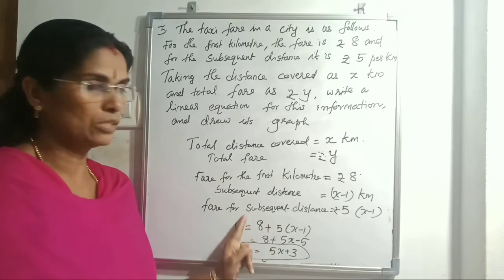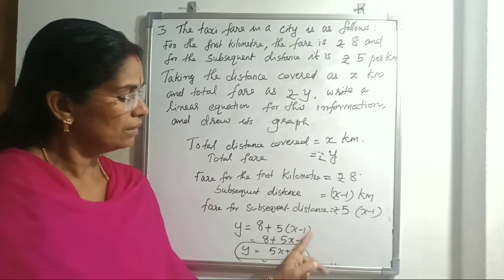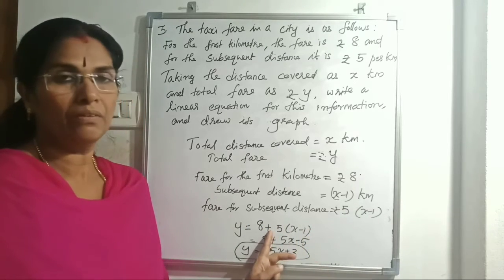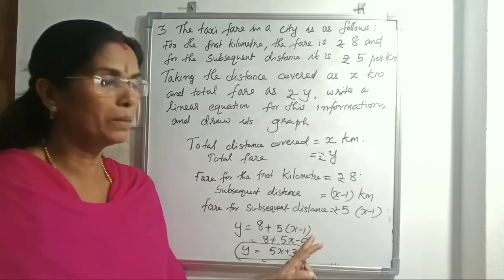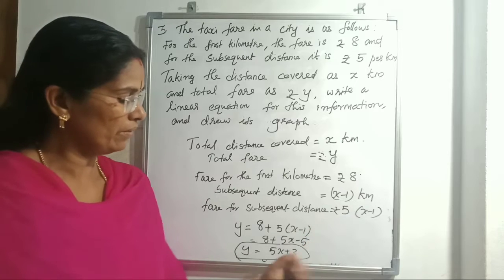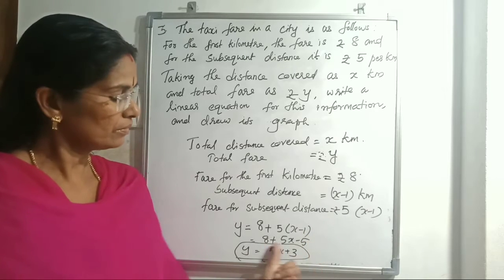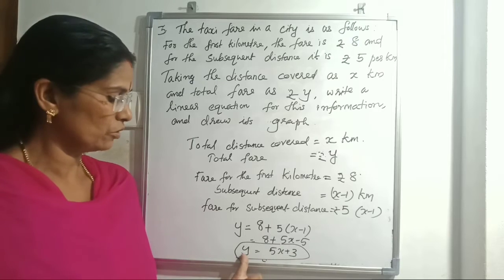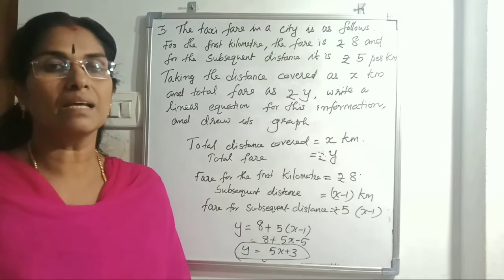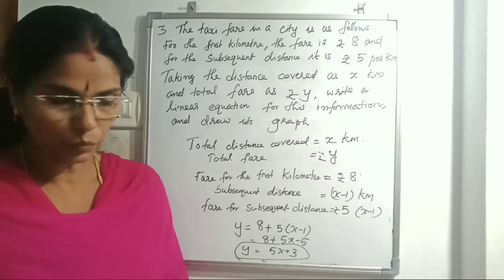First kilometer is 8 rupees. Balance distance multiplied by 5 is the fare. Just expand the bracket: 5x minus 5. 8 and 5 we are subtracting, we get 3, and 5x we write first. So y equal to 5x plus 3 is the linear equation in two variables.